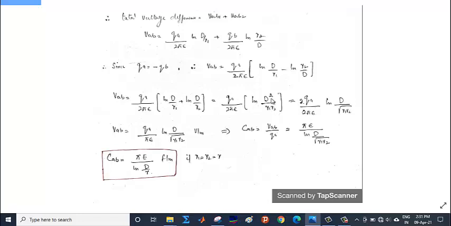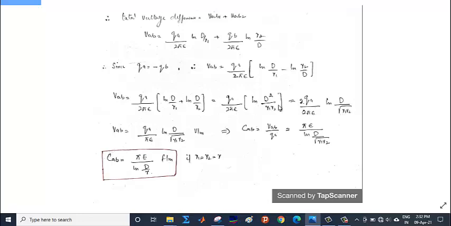So taking this square to this side, because the power will be multiplied in case of ln, I have written that 2 over here, 2 QA by 2 pi epsilon. Since we have taken this 2 over here, this has to be square rooted, because we have taken the square of the whole term, so this will become the square root.